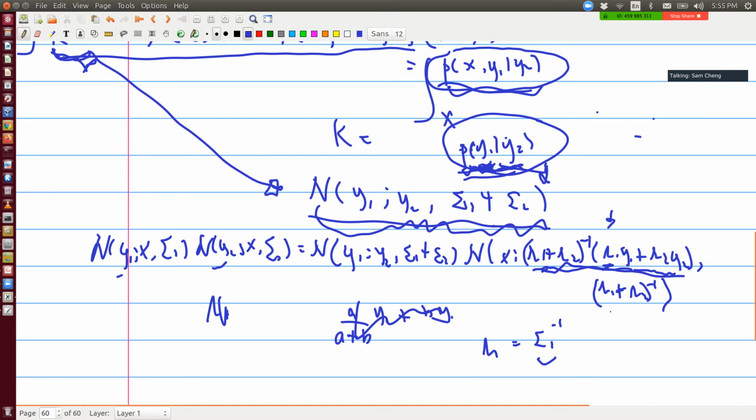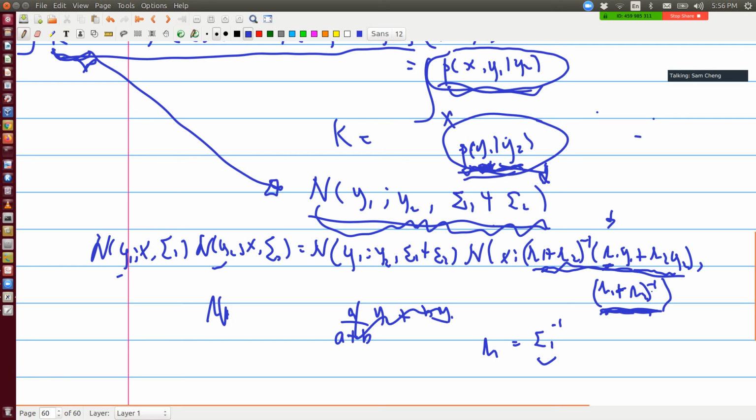And then the new variance of the observation will be just precision. Or you can interpret this in terms of precision: the new precision will be the sum of the precisions of the observations, right?